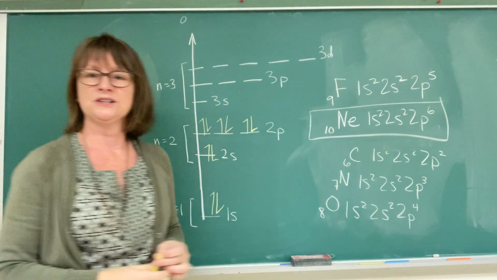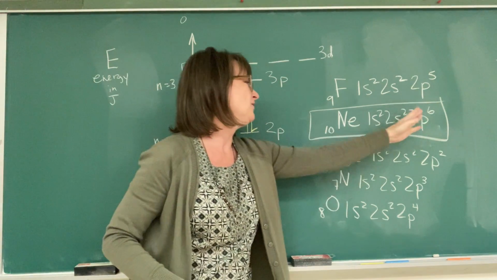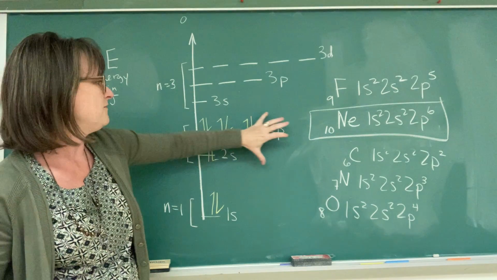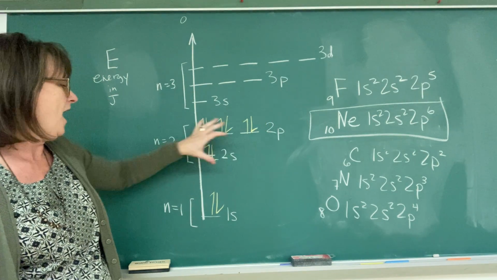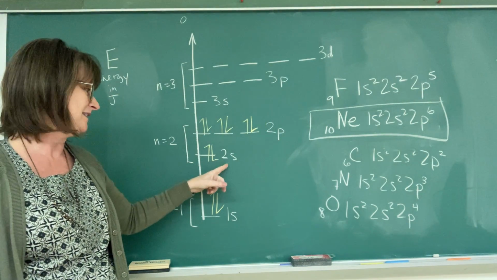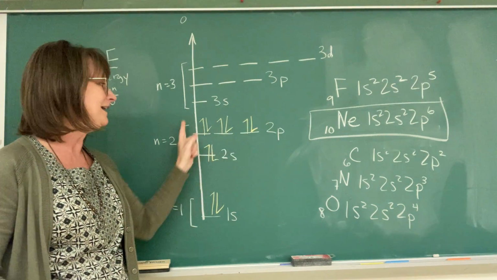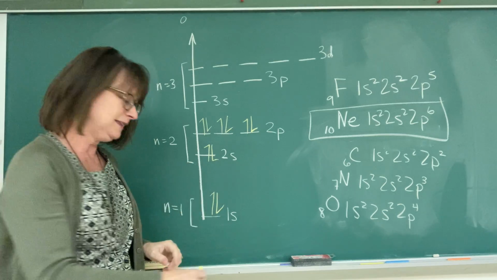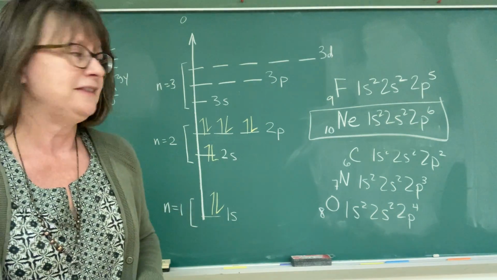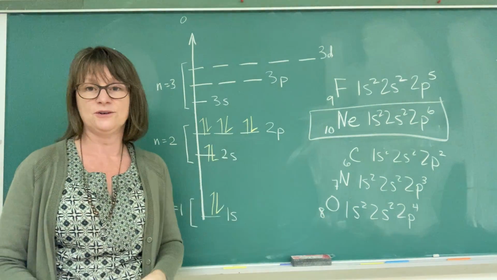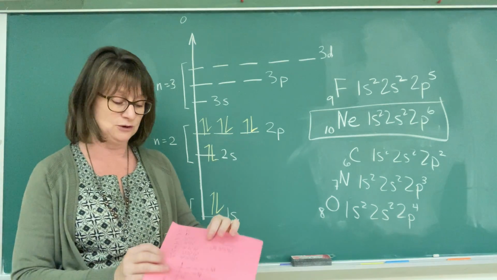That's a very interesting electron configuration because we have filled the entire second energy level, which only has s and p orbitals. It takes 2, 4, 6, 8, 8 electrons to fill this second energy level, to fill a set of s and p orbitals.